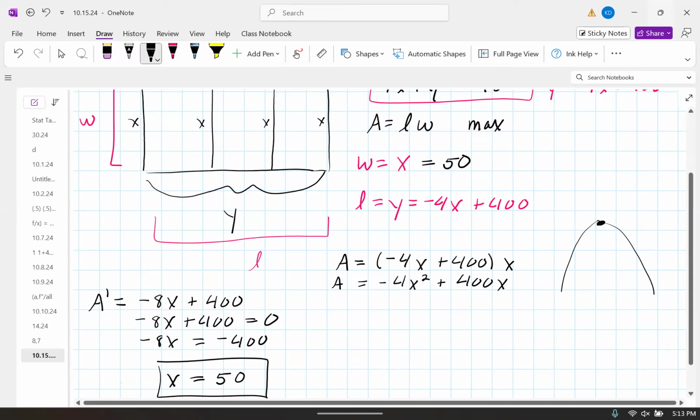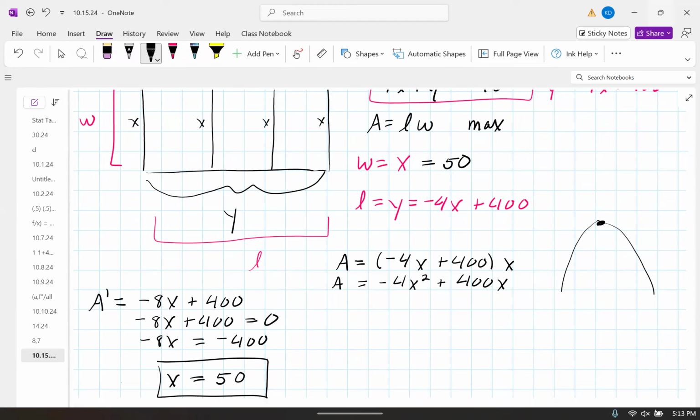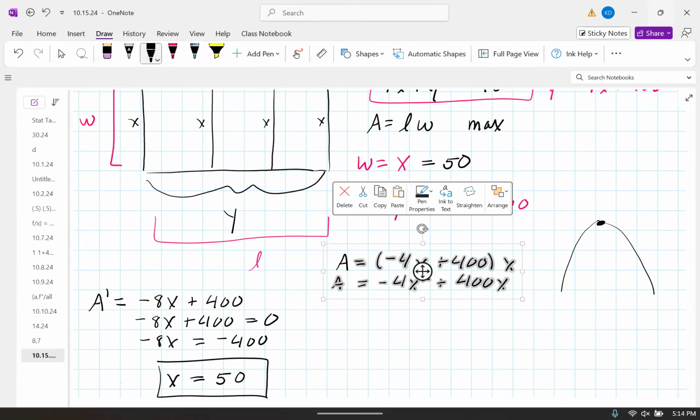But that doesn't give me, we want the dimensions of the area and the actual area. So I know my x value, I know my width. How do I find my y? Correct. Not quite. Yeah. We're going to plug it into that length equation. We have a lovely equation for there. We might as well use it.